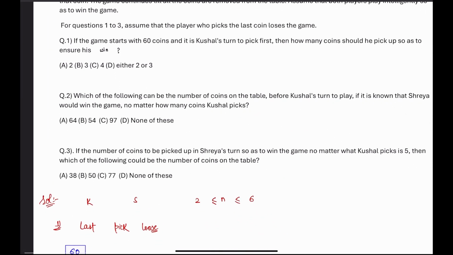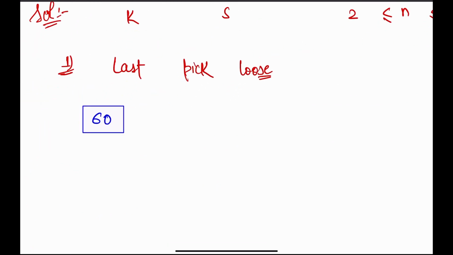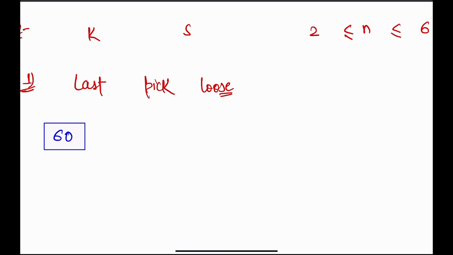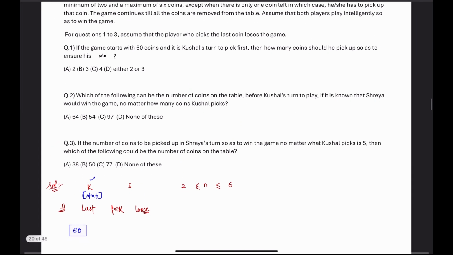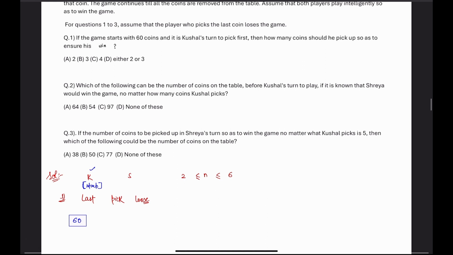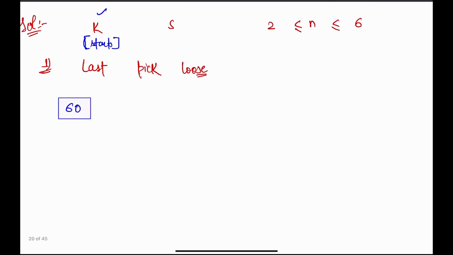So Kushal starts and Kushal wants to win the game. The question is asking how many he should pick up so as to ensure his win. Again the same concept.